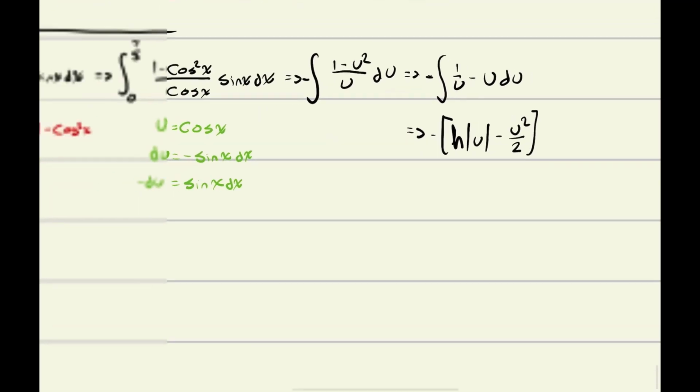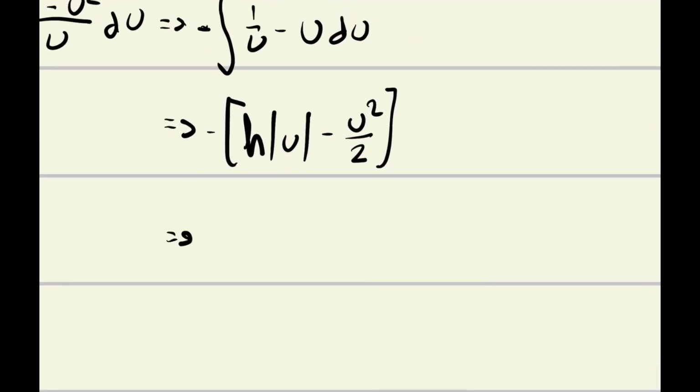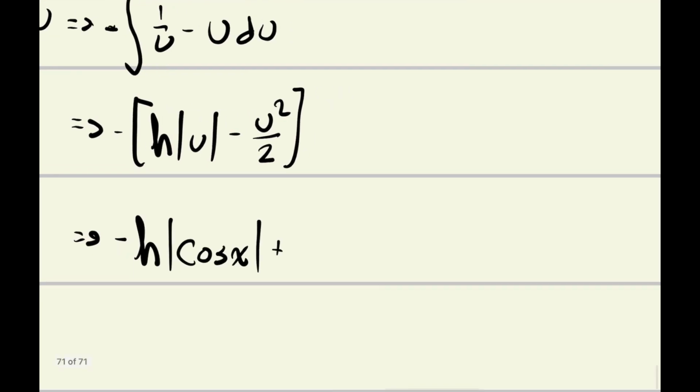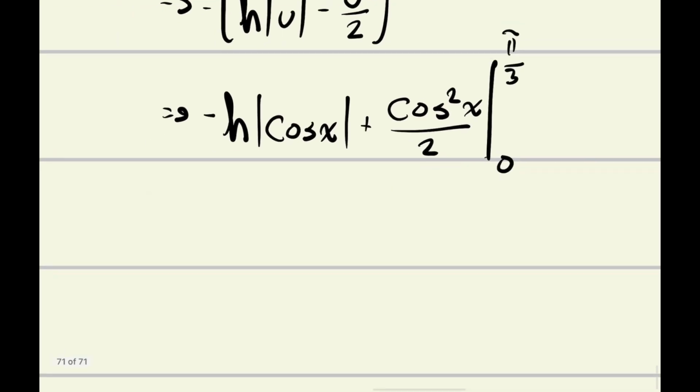We can go ahead and resubstitute, where u is equal to cosine x, and I'll also distribute this negative sign. That would give us negative natural log of cosine x plus cosine squared x over 2, evaluated from 0 to pi over 3.